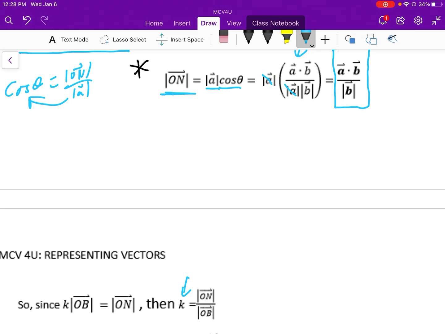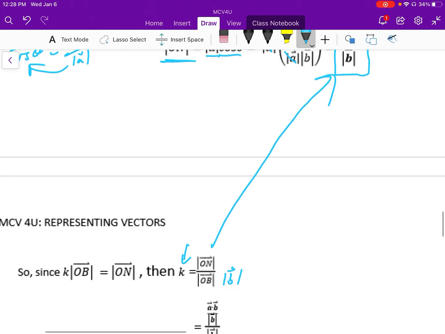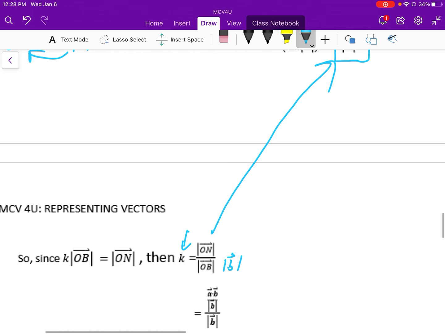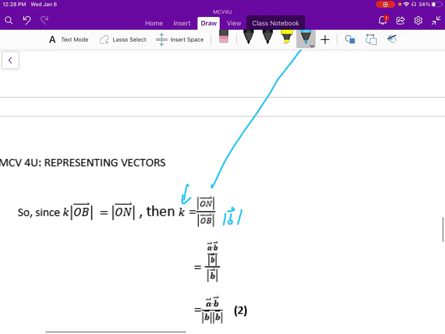It's the magnitude of ON divided by OB. Well, we know what ON is. We just had that ON is the scalar projection. The magnitude of OB is the magnitude of B. So we're going to divide the scalar projection by the magnitude of B, and when you simplify that, you've got your K value.